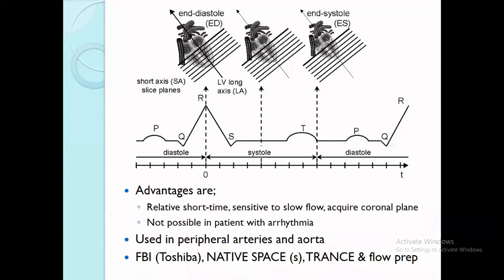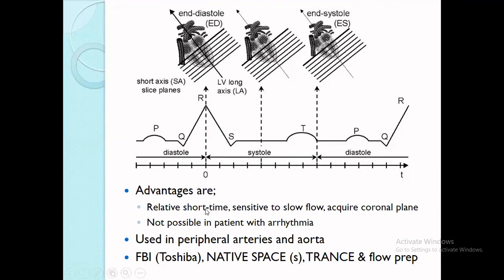End systole is very important for us, and end diastole is very important for us too, because end systole carries the maximum contraction, and end diastole is the maximum relaxation that it can take. So it gives us the information of its maximum value in both phenomena, either in systole or in diastole.